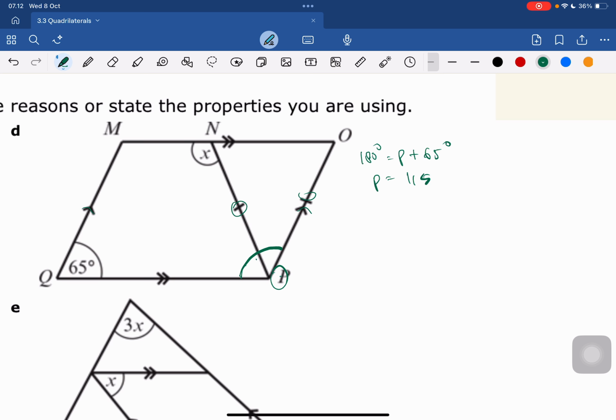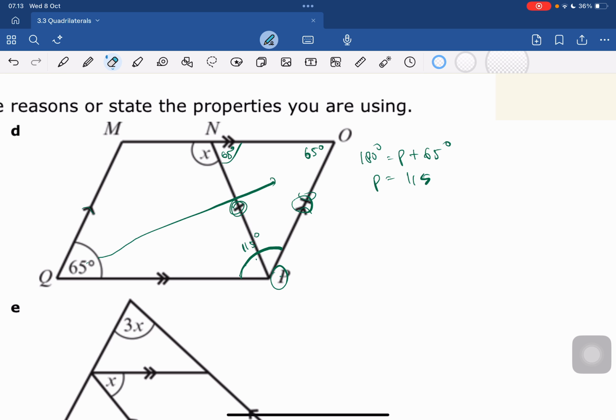So this angle is 115 degrees. So what else can we find from here? Look at it. This is the opposite. Rhombus sides are equal, so this is 65, since this is also a base of an isosceles, 65 degrees.